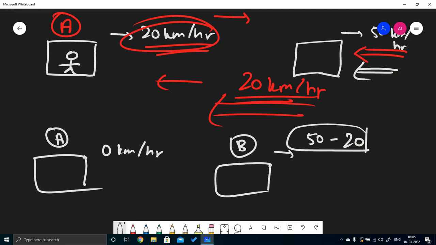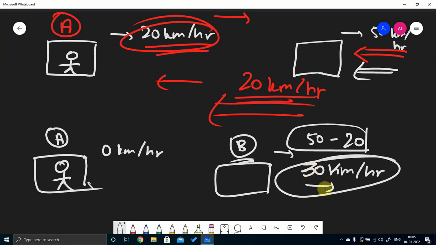Do you understand what I'm trying to say over here? So if you're sitting in A, it would seem as if the bus B or car B is moving with a velocity 30 kilometers an hour away from you, in front of you, to the right.